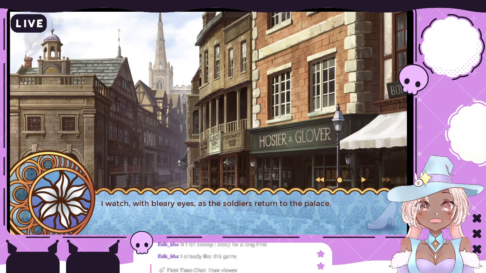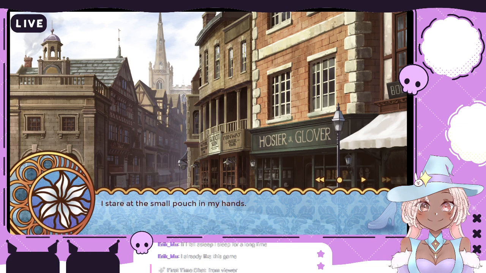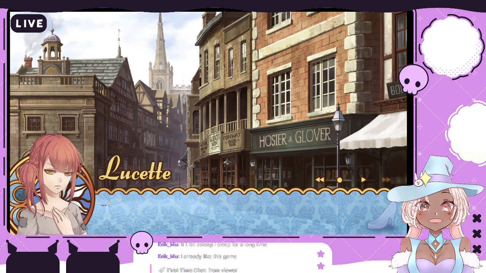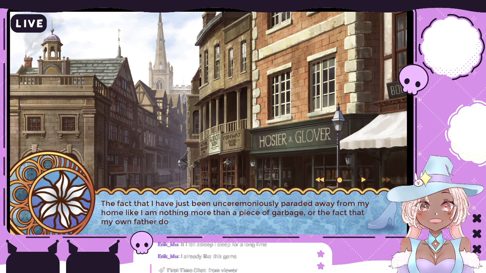I watch with bleary eyes as the soldiers return to the palace. How can this be happening? I stare at a small pouch in my hands. I do not know what hurts more, the fact that I have just been unceremoniously paraded away from my home like I'm nothing more than a piece of garbage, or the fact that my own father does not recognize me.